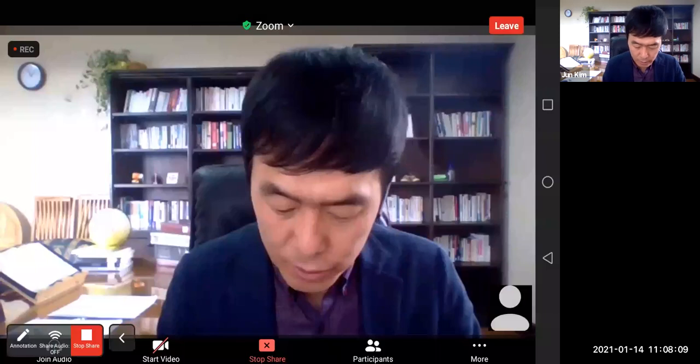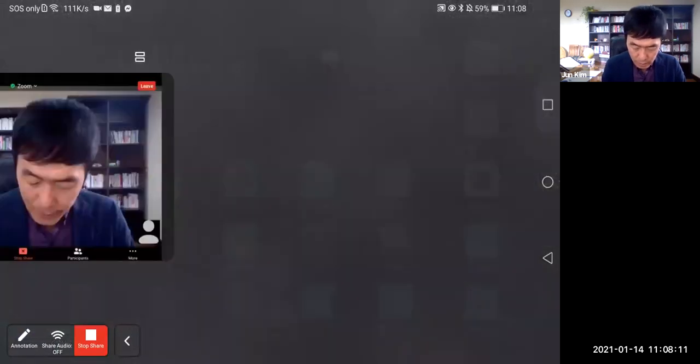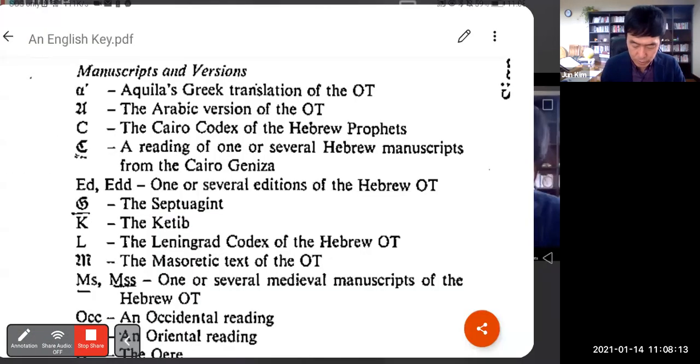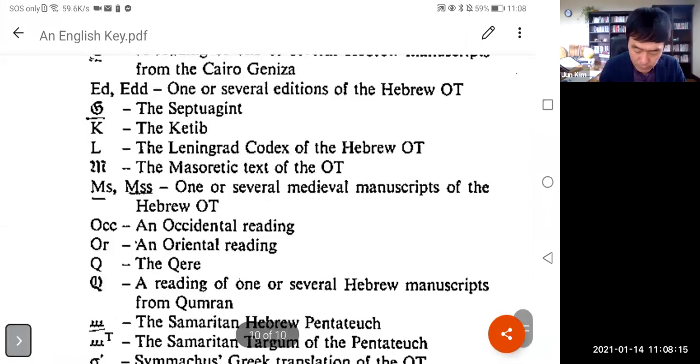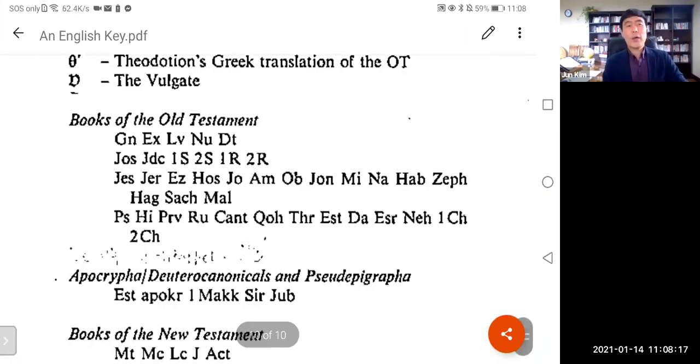Oh, another thing. Here, the order of the Hebrew books is different from our modern English Bible, so you need to be familiar with the different order.